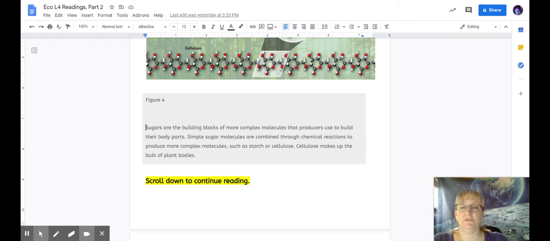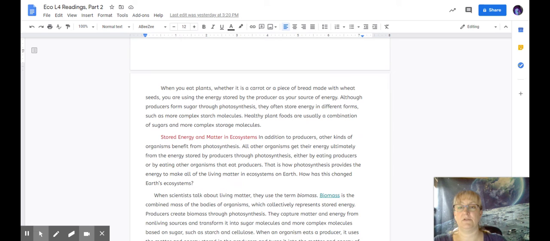So we're down here. Sugars are the building blocks of more complex molecules that producers use to build their body parts. Simple sugar molecules are combined through chemical reactions to produce more complex molecules, such as starch or cellulose. Cellulose makes up the bulk of plant bodies. So we're going to scroll down, and here we go.